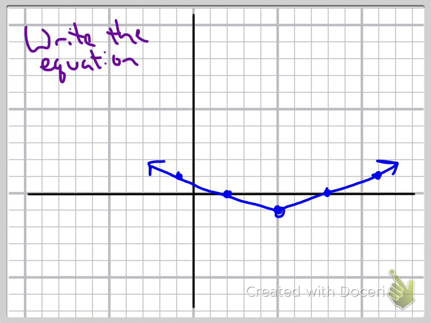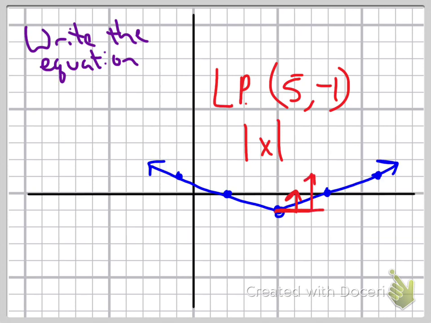Give it a shot. Locator point is at 5, negative 1. The parent function is the absolute value of x. Normally I go to the right 1, up 1, right 2, up 2, right 3, up 3.